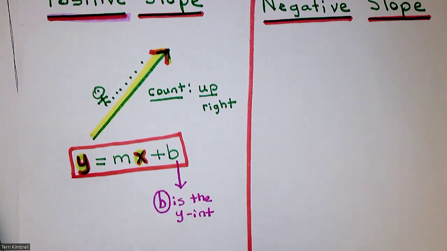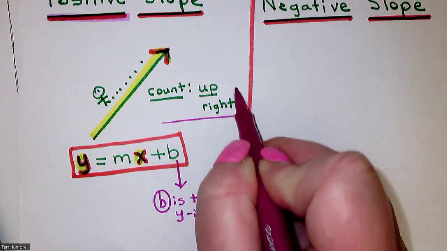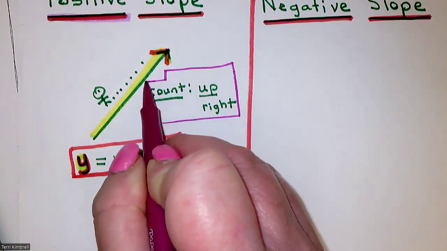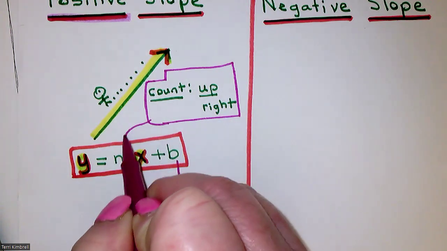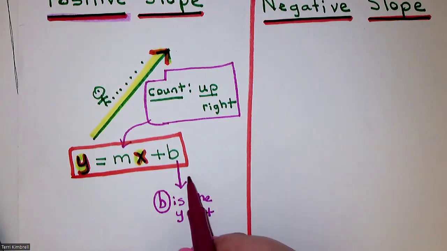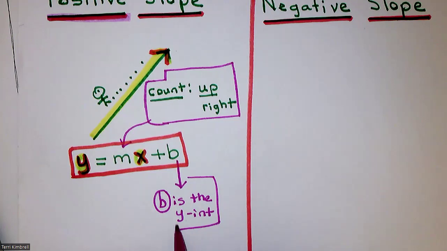The slope, which is the m, is going to tell you how to count. The b is going to tell you where to start from. You always start here. Once you put that point down, you are ready to start counting.